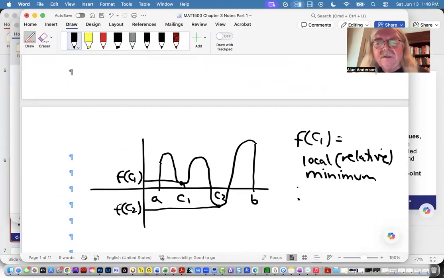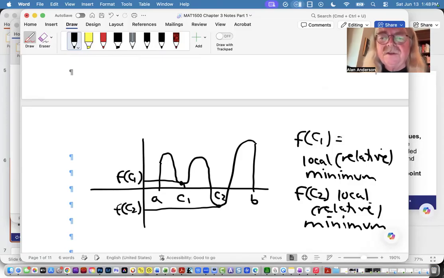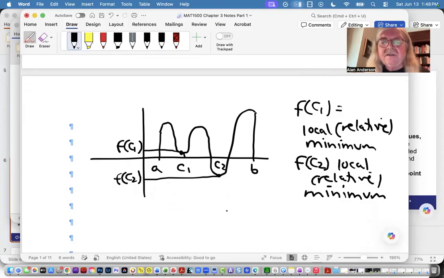F of C2 has the same properties, but it's smaller than F of C1. So because it's the smaller of the two, F of C2 is known as the global or absolute minimum.